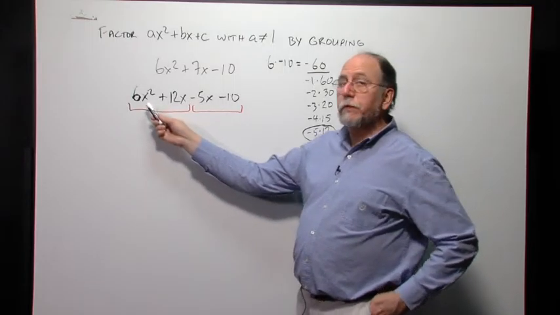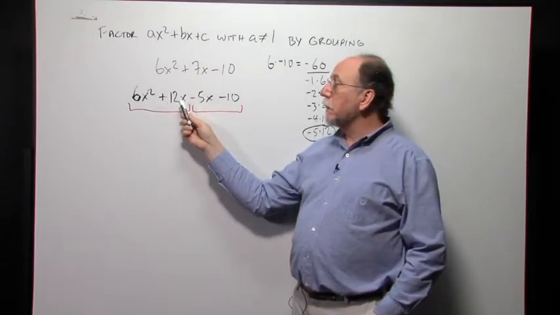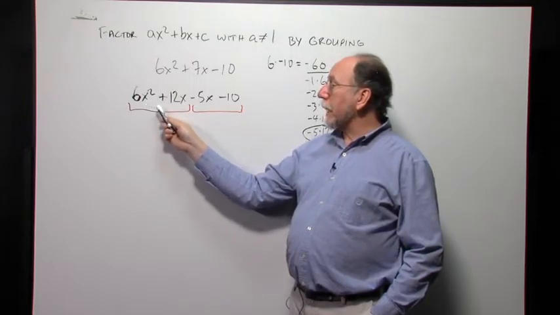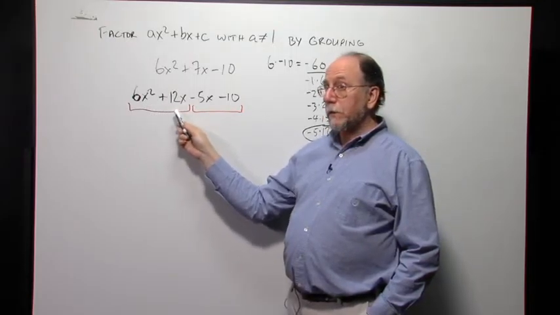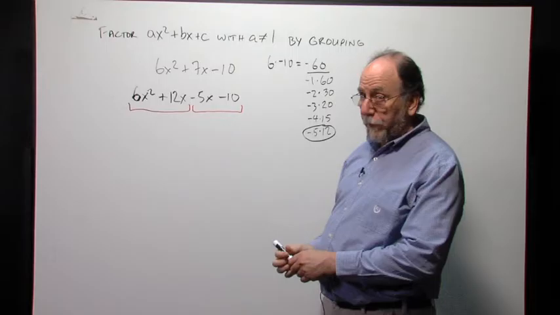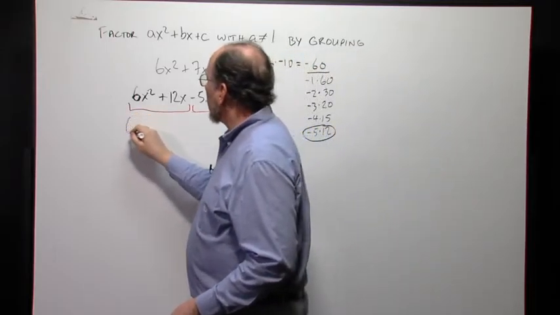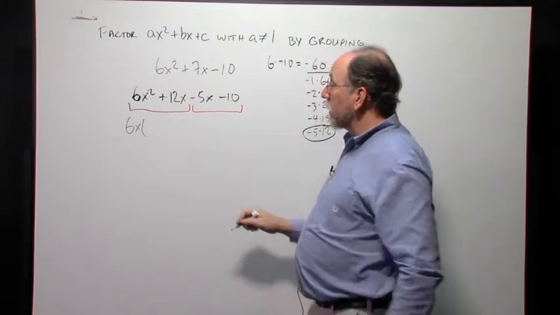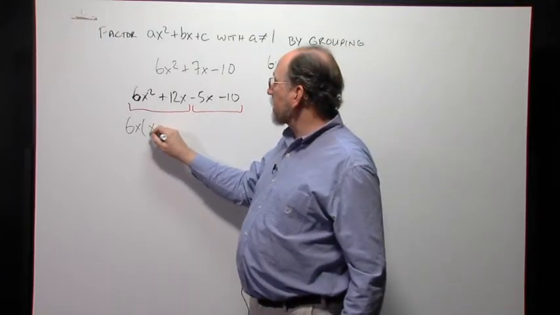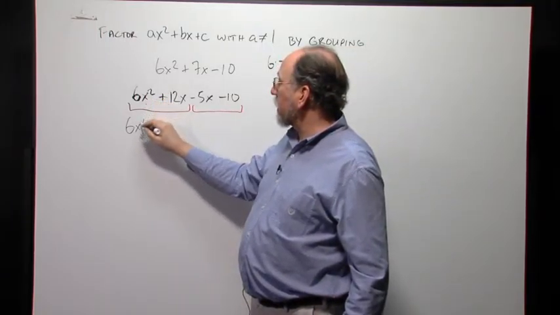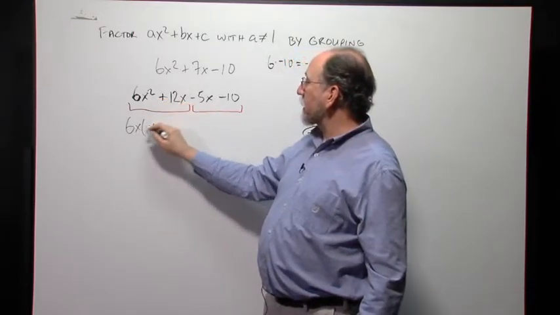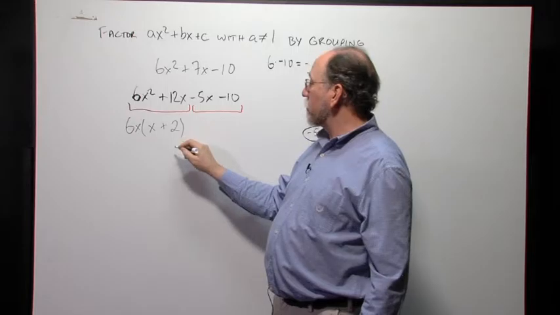What's the common factor of 6x squared and 12x? Well, they both are divisible by 6. And there's an x in both of them too. So we can divide x into both of those. So the common factor is 6x. If we divide by 6x, factor that out in other words, what are we left with? x here. 6x squared divided by 6x is x. Plus 12x divided by 6x would give us 2.